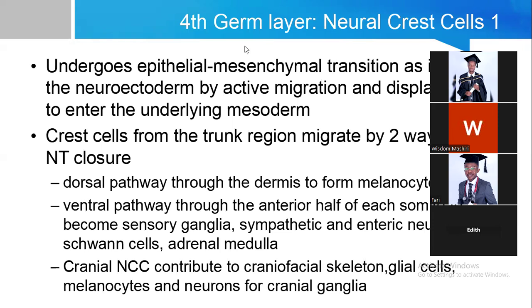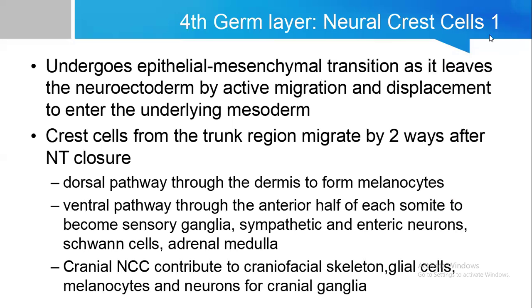And remember, I say that these cells are going to detach from the surface ectoderm when you have formation of the neural tube, right? So when they do that, they undergo an epithelial to mesenchymal transition, meaning they're going to change from an epithelial structure to a connective tissue structure, which is going to be mesenchyme, right?